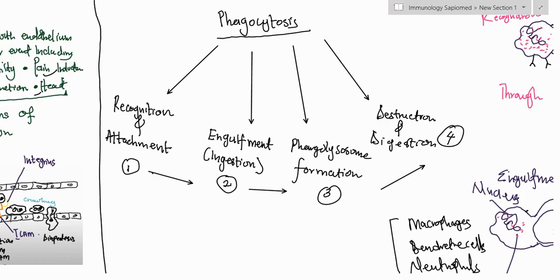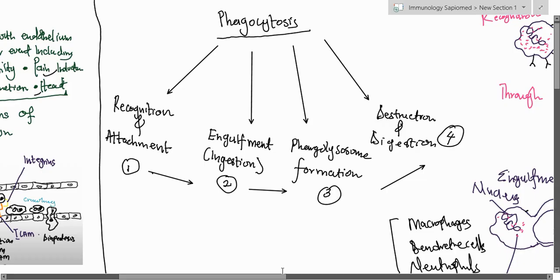The first one is recognition and attachment. The second one is engulfment or ingestion. The third one is phagolysosome formation. And the fourth one is destruction and digestion. So let's take a look at these 4 main processes under phagocytosis. Let's begin with the recognition.